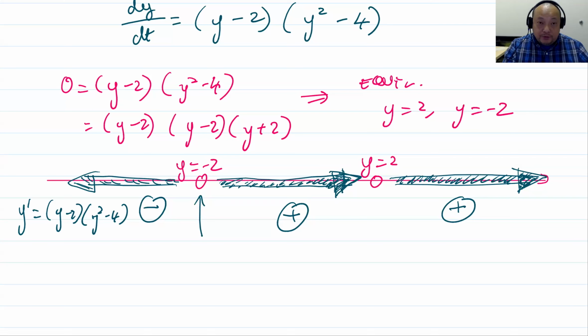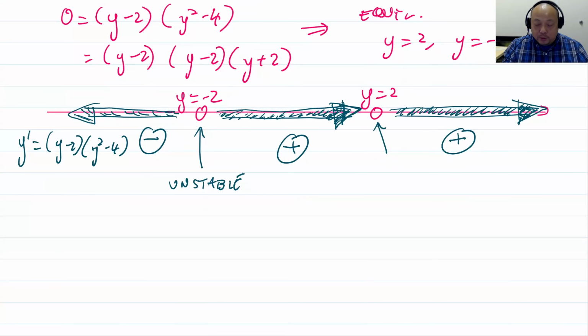At y equals -2, all the solution curves are moving away from it, so that's unstable. But what about at y equals 2? At y equals 2, if I'm off by a little bit down here, then the curve merges back to 2.